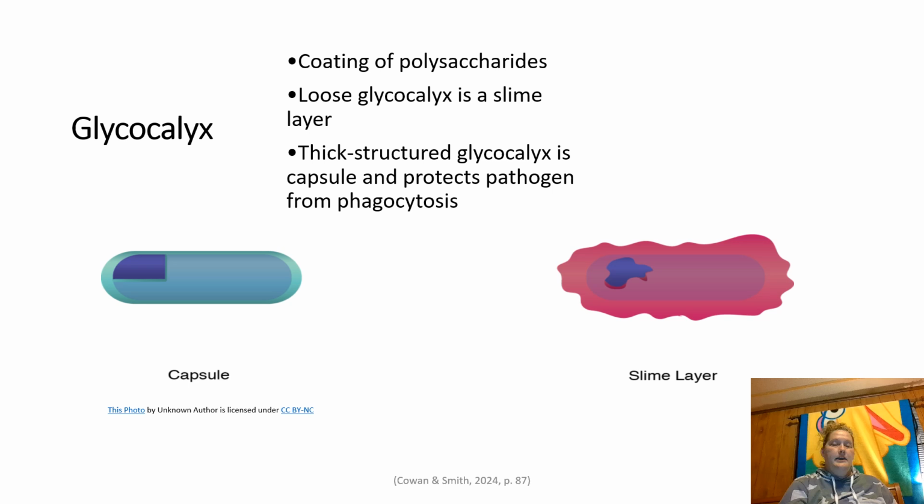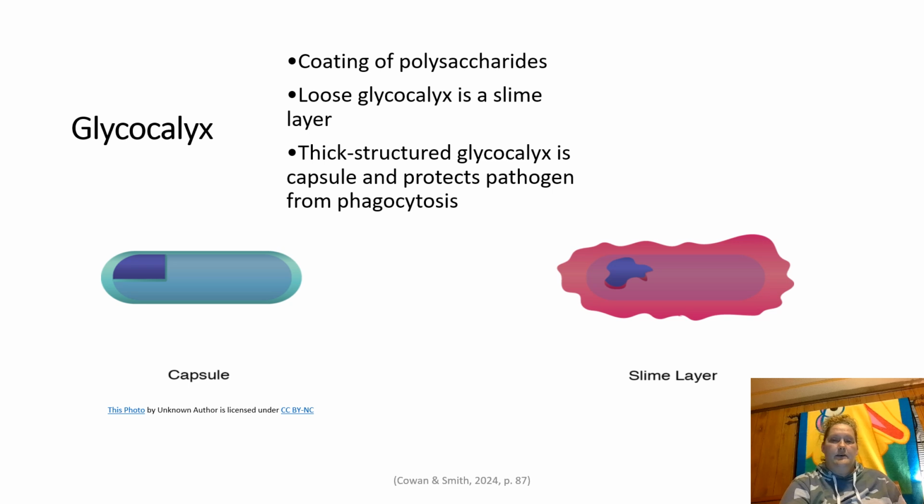All right. And the next external surface layer is the glycocalyx. It's a coating of polysaccharides. It's either a loose glycocalyx or a capsule, a thick structure glycocalyx. The loose glycocalyx is a slime layer.